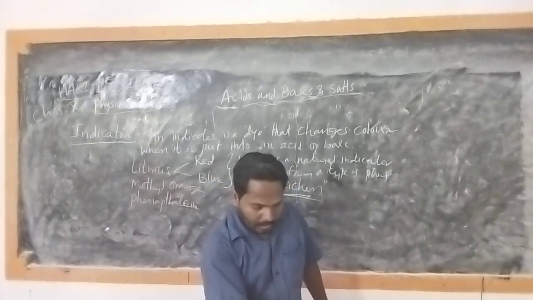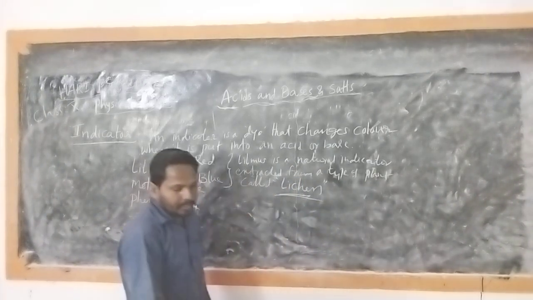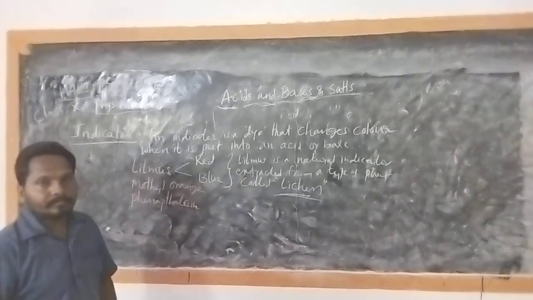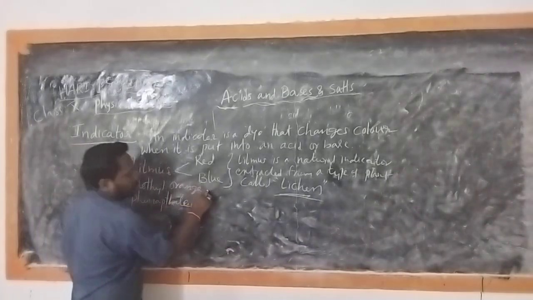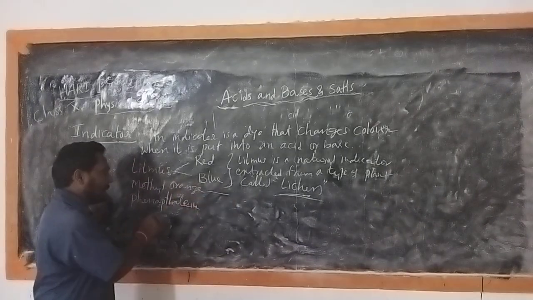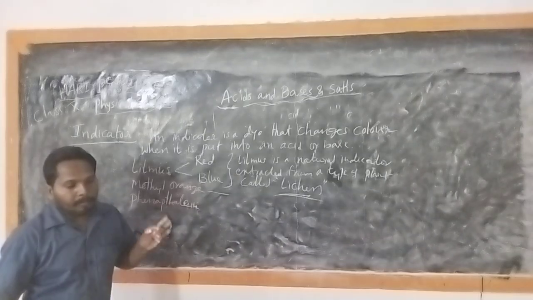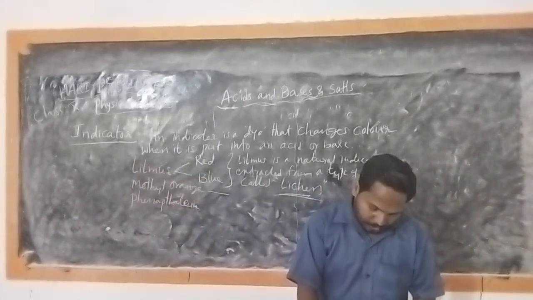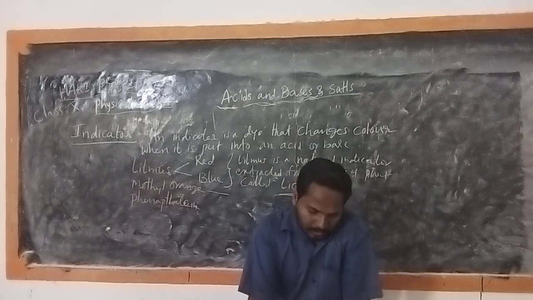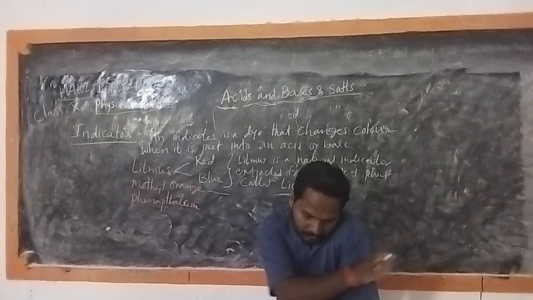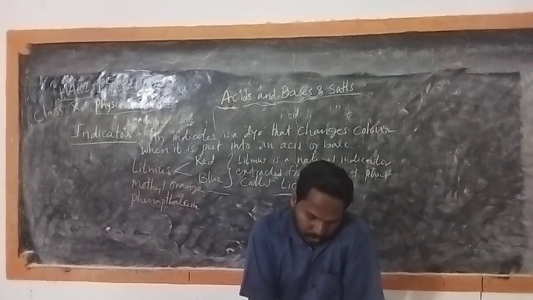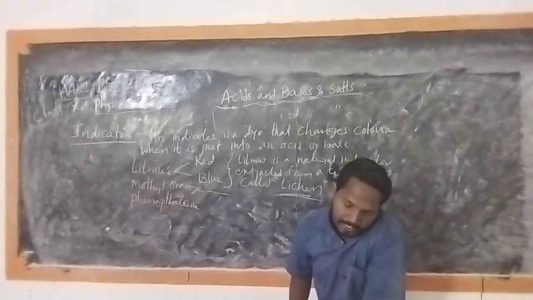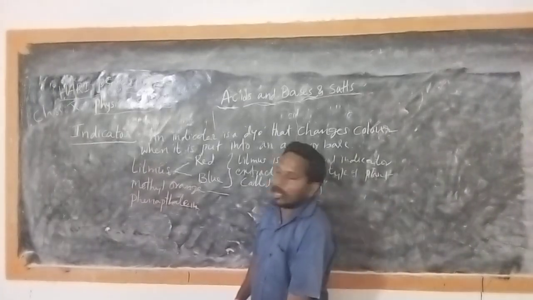Then coming to the methyl orange indicator. Methyl orange and phenolphthalein both are solutions, right? So the neutral color of methyl orange is orange.